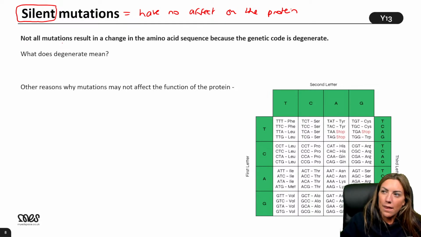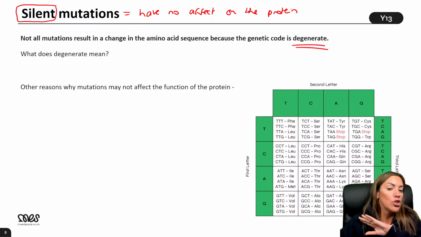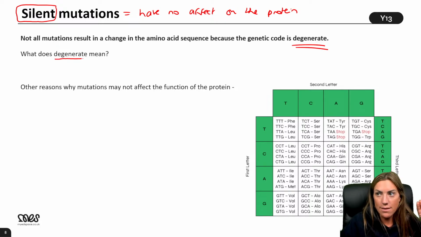So the main reason for this is the genetic code is degenerate. So you can have a mutation and it will not affect the protein. So what does degenerate mean, guys? We always say in year 12, the genetic code is degenerate.